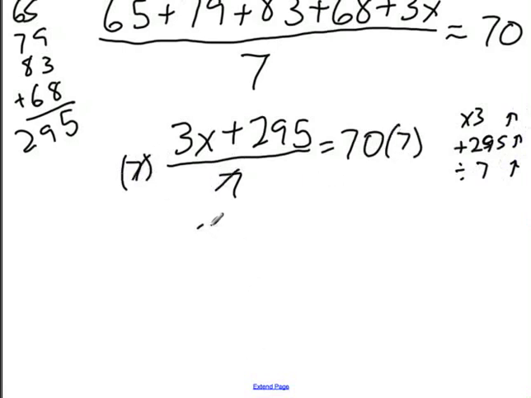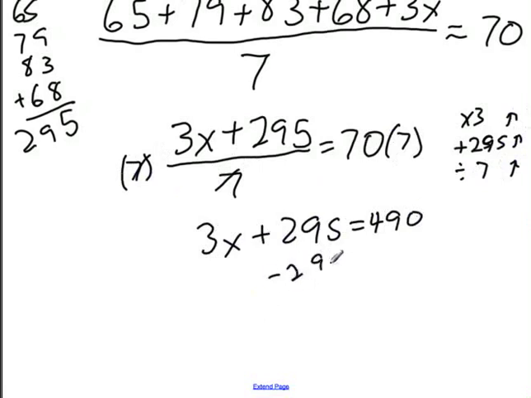It reduces, so we get 3x plus 295 equals 490. Now we need to subtract, because that's the next thing. We added 295, so we have to undo it, so we subtract 295.